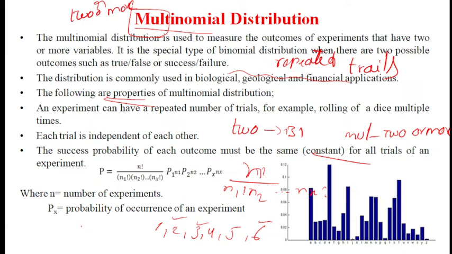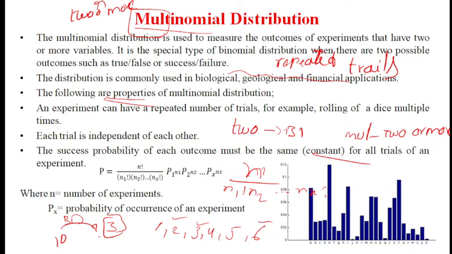If you roll a die 10 times to see how many times you roll a 3, that would be a binomial experiment. Have you understood the difference between these two? Under binomial distribution, when you roll the die 10 times to see how many times you roll 3, that is binomial distribution.